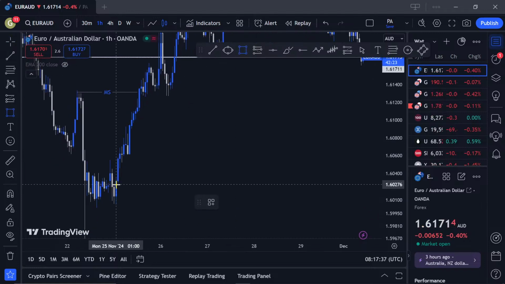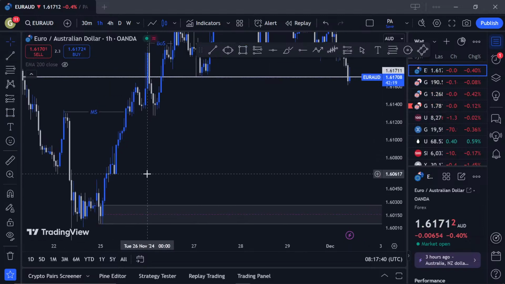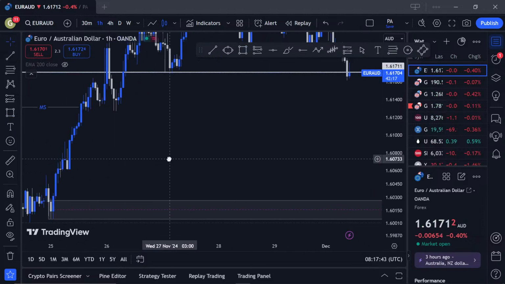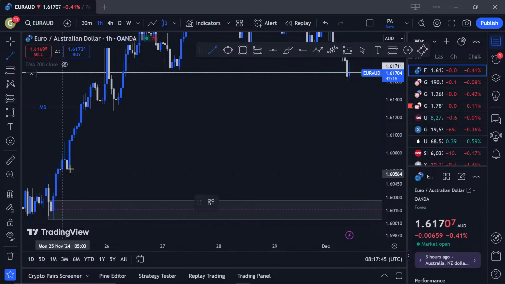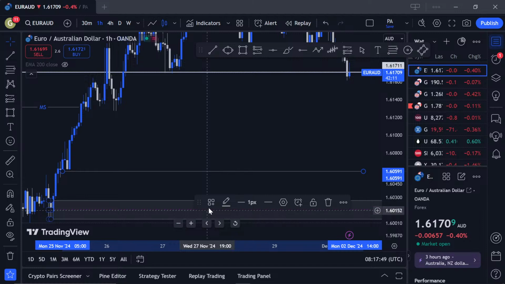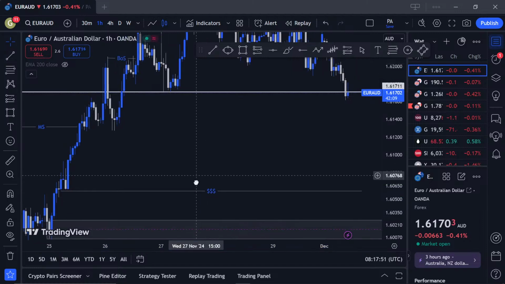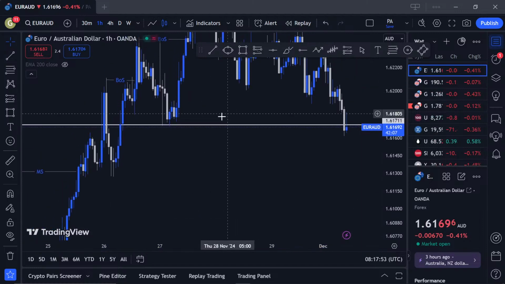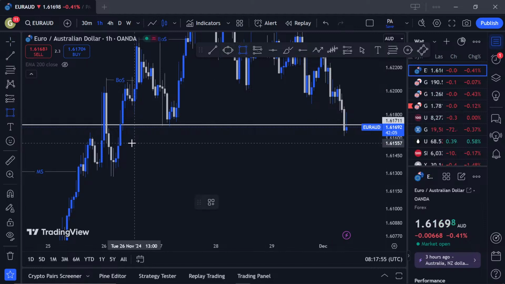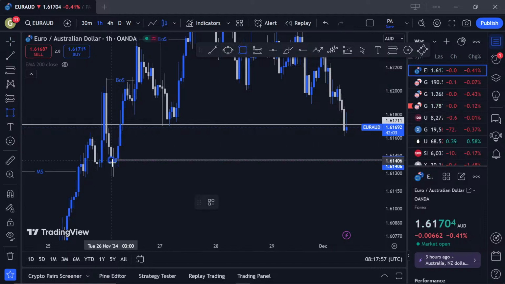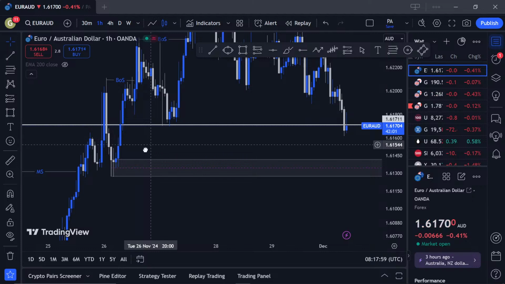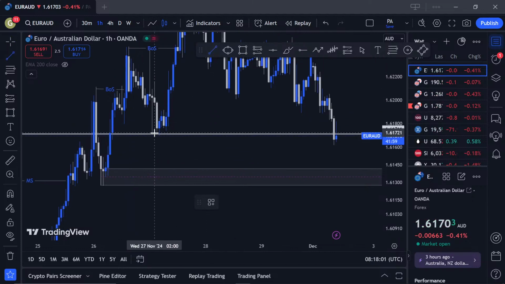So here we have a demand right here with this liquidity level pasted around here. Here we have another demand right here with this liquidity pasted around here.